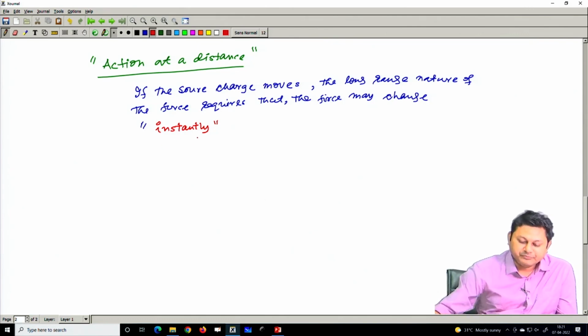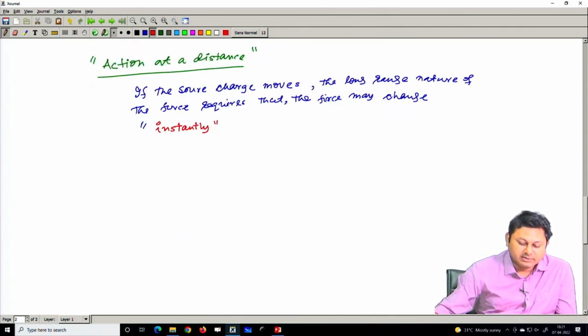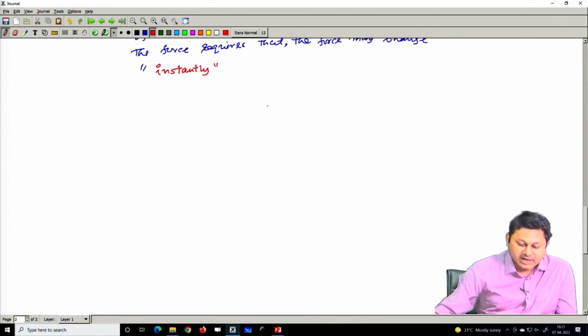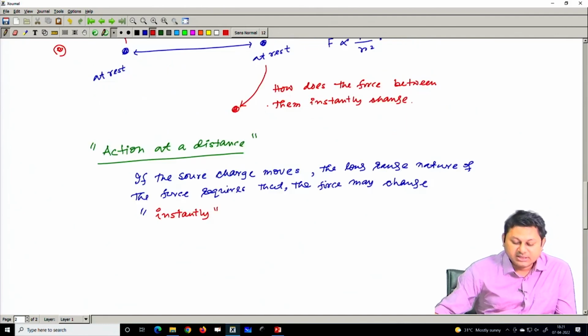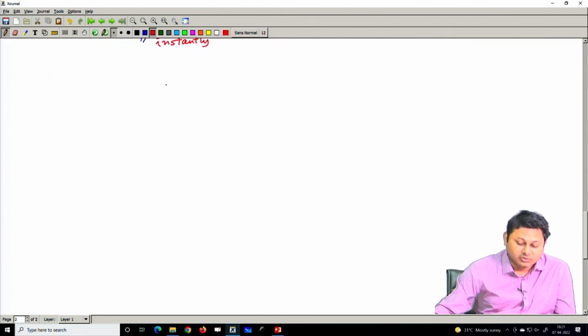Instantly. So, there is an instantaneous change of this force, and that assumption is called action at a distance. But as I mentioned, the special theory of relativity does not consider this. If you consider the special theory of relativity, this concept is no longer valid.